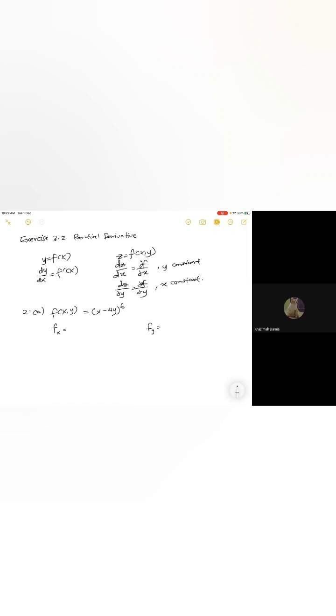Maksudnya, so sekarang bezakan terhadap x. So, again, if we want to differentiate with respect to x, then our y is constant. Okay, so how you differentiate constant, macam tu lah you akan differentiate y. Okay, so sekarang ni you ada kuasa 6 kan. So differentiate the polynomial first. Dia akan jadi 6 (x minus 4y), 6 tolak 1 which is kuasa 5.